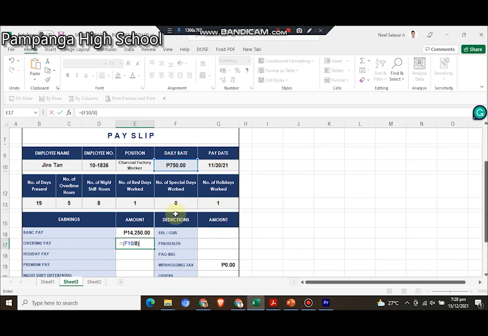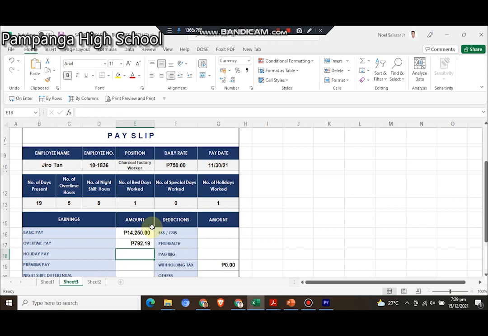Multiply by C13, which is the overtime hours, and multiply by 1.30 times 1.30 since the overtime worked is during his rest day, or simply multiply it by 1.69 and then click enter. For the overtime pay, we have 792 pesos and 19 cents.